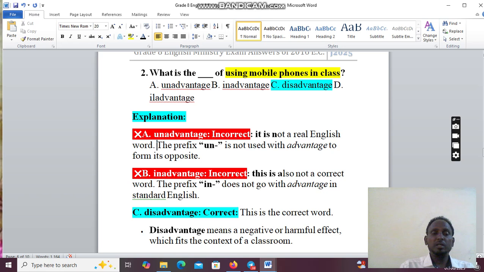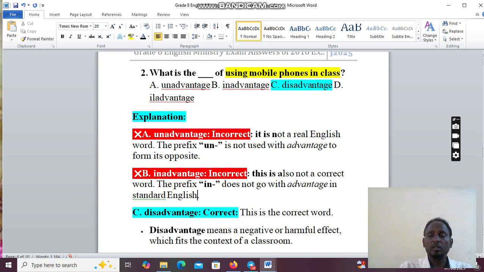When we come to B, inadvantage is also incorrect because this is also not a correct word. The prefix in does not go with advantage in standard English. Disadvantage is the correct one. This is the correct word form because disadvantage means a negative or harmful effect, which fits the context of a classroom.